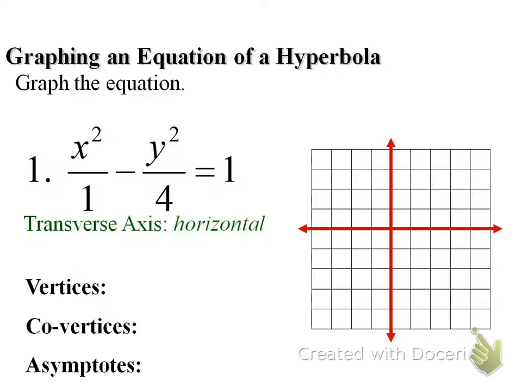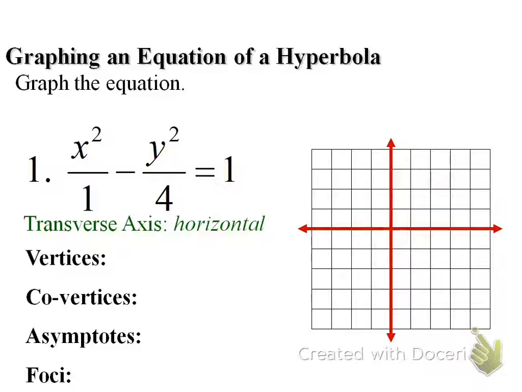Now, here's a list of the features we need to find. So we already said we're going to be in the horizontal direction. How many in each direction? 1, right? Square root. So I have vertices at 1, 0 and negative 1, 0.